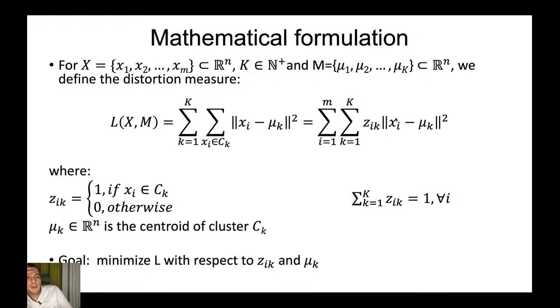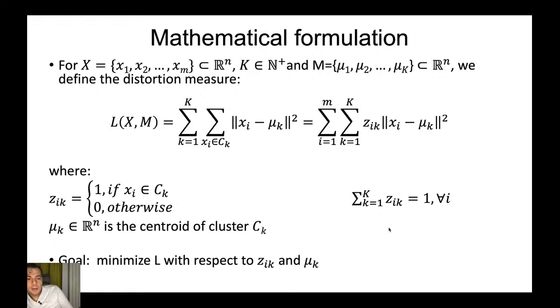Otherwise, if x_i doesn't belong to cluster k, then this will be 0, and the distance will not matter anymore. So yeah, this is equivalent to this objective function. So here we have the definition for z_ik, as I explained before.